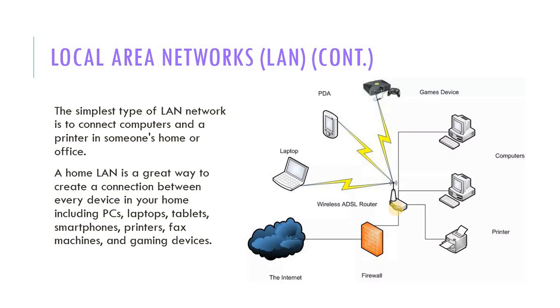Nowadays smart TVs can also be connected with the Wi-Fi. So all those devices create one network, which is connected to one router or one hub, which provides us a network. Yes, so that becomes the local area network.